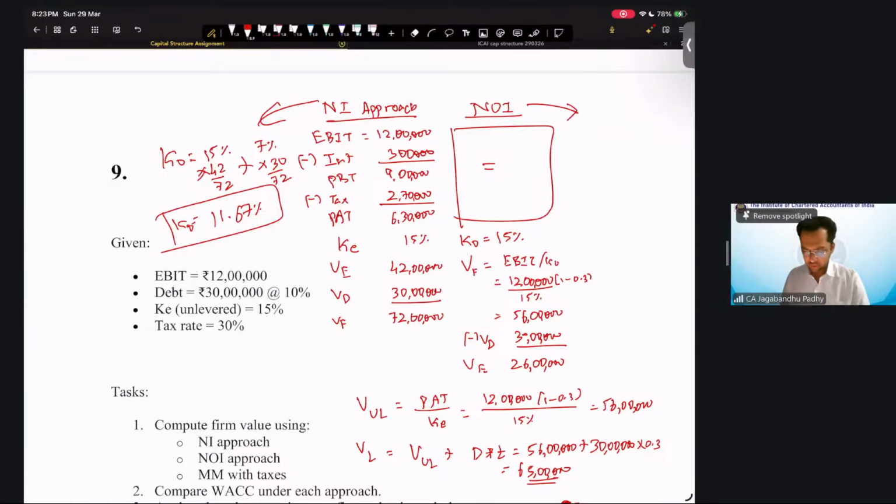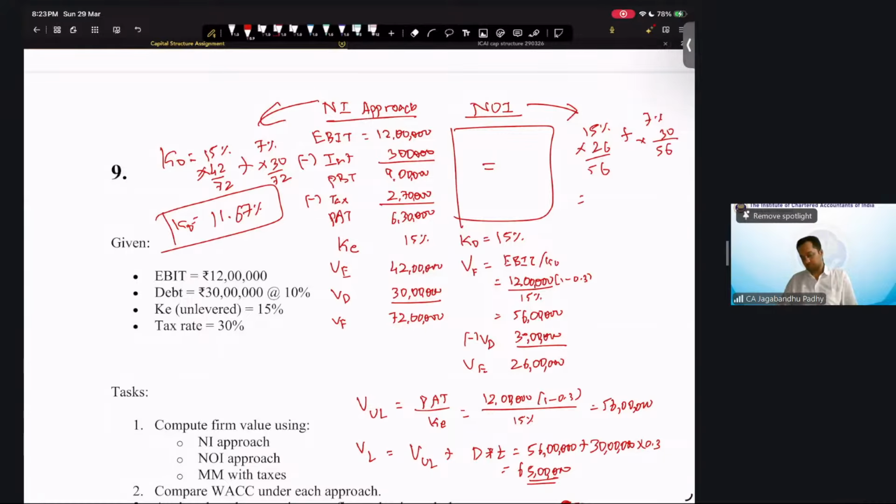Then under the NOI approach, it is going to be 15% into 26 out of 56 plus 7% into 30 out of 56.